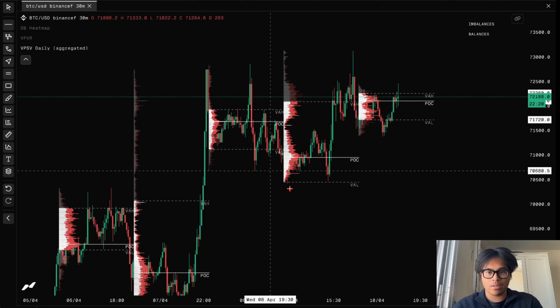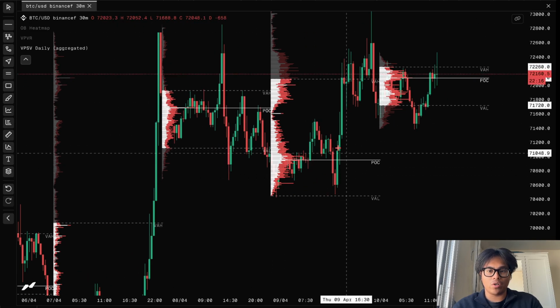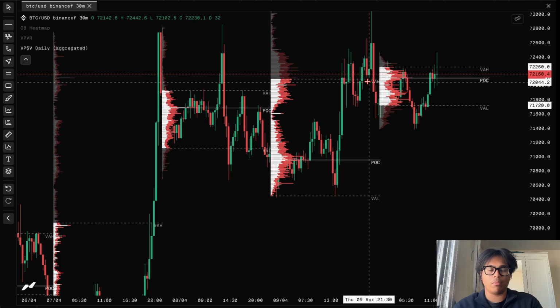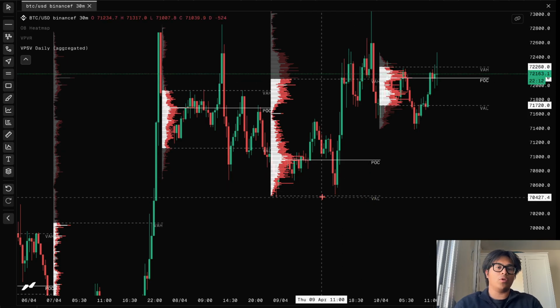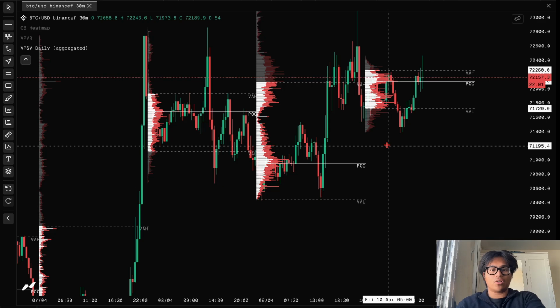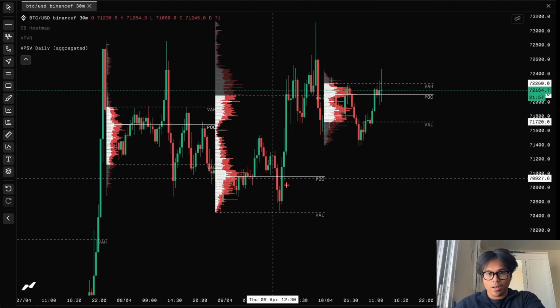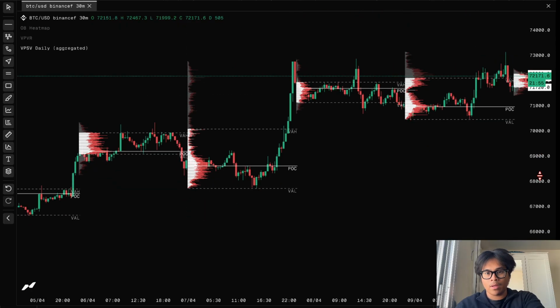In this volume profile you get the range, the point of control, volume high, volume low, the low volume node and the high volume node. And it relates to imbalances, for example this movement right here.